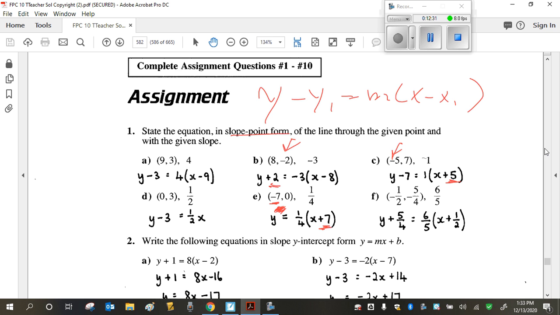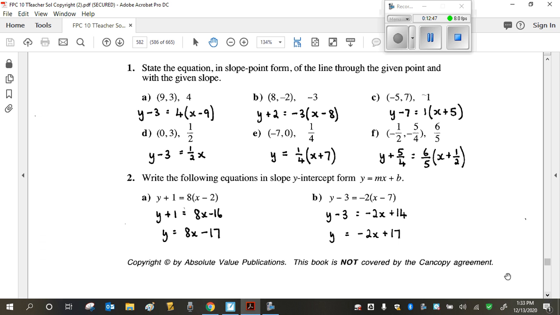Okay, I'll let you look at those real quick. And move on to 2z, which is more of a test question than 1z. And number 2, solve for y.